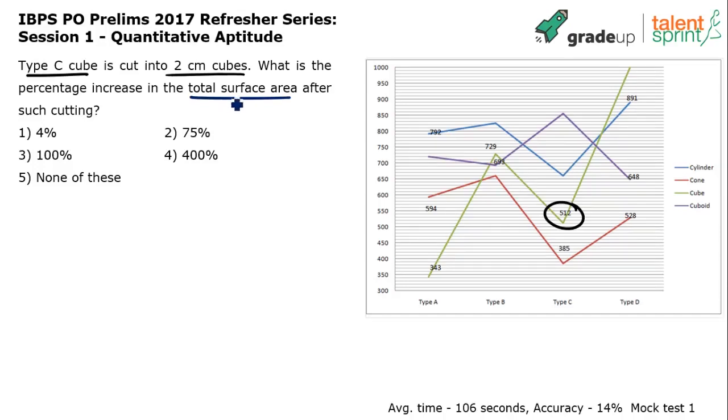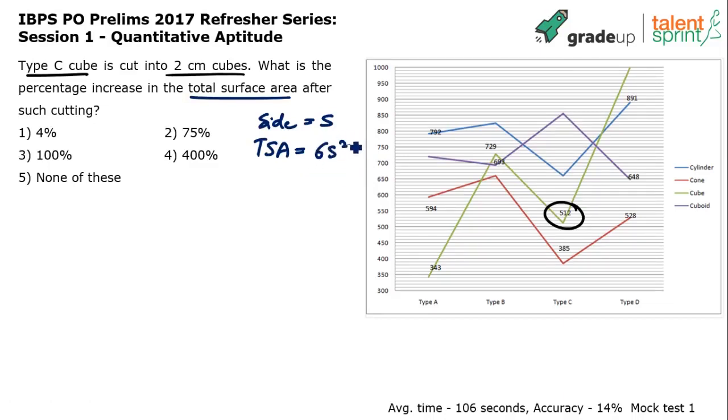But the total surface area for a cube is measured as 6 times the side square, right? Let's say the side of a cube is S. So what is the total surface area? Total surface area is going to be 6 into S square. If you want the reasoning behind this formula, each cube has got 6 surfaces and each surface is like a square.